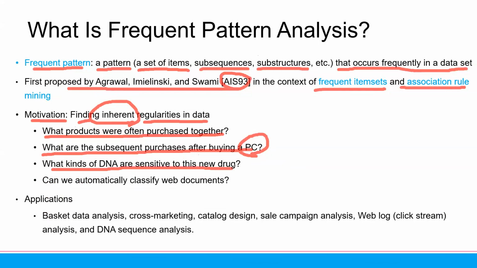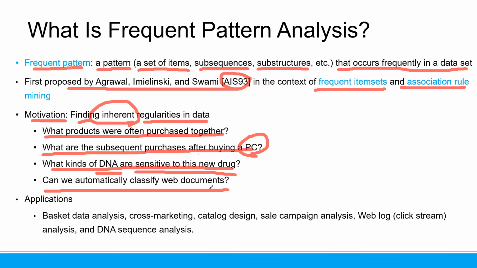If you are in biology, you will see the DNA. In DNA, you can see the sequence of DNA or the sequence of protein, and you can check whether some patterns of DNA are sensitive to a new drug or not. Or can we automatically classify web documents?